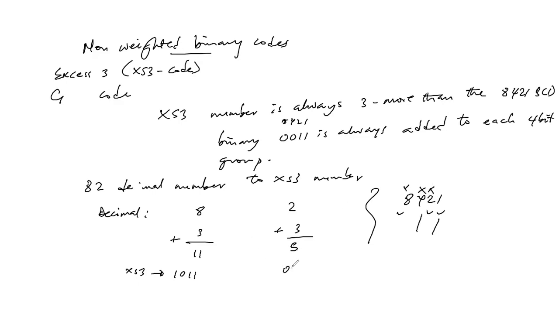So that will be 0101. Okay. So for 82 decimal, we have 1011 0101 in excess-3.